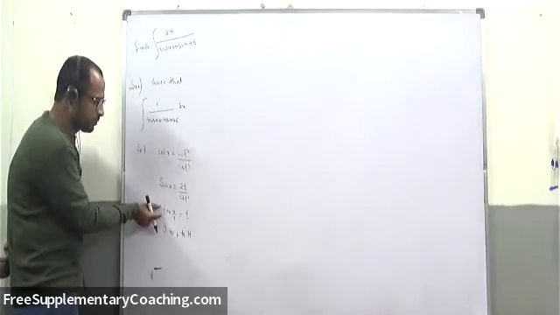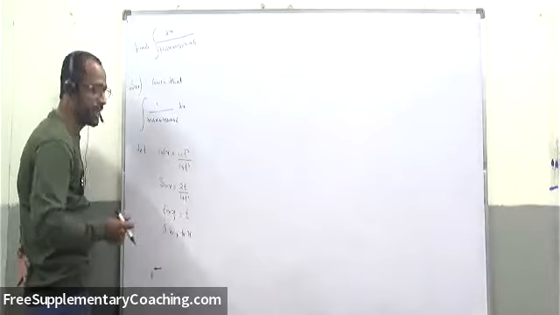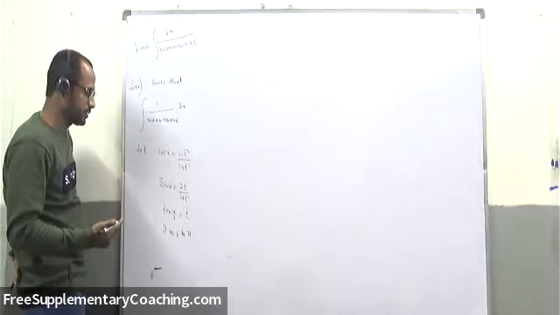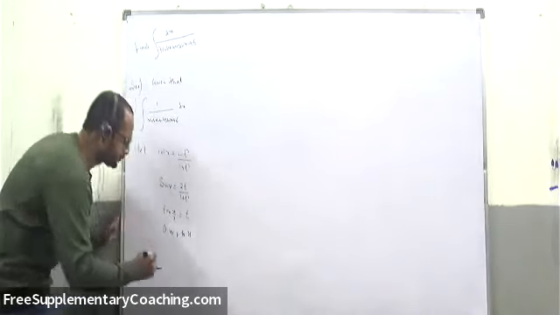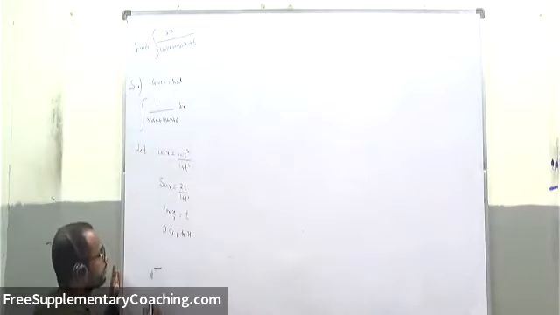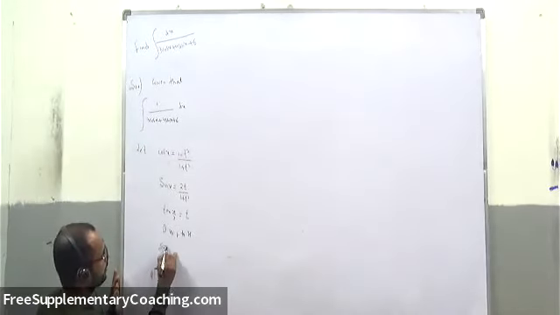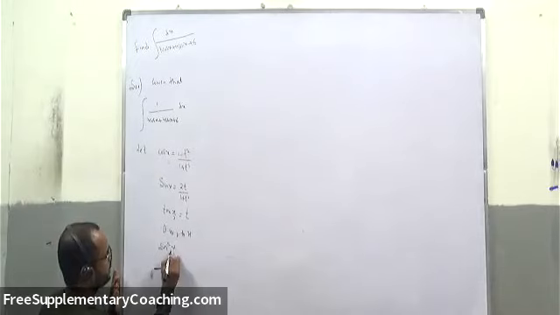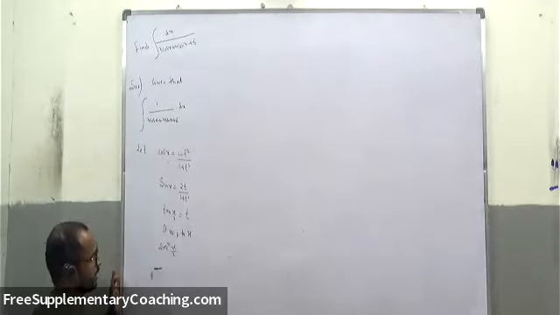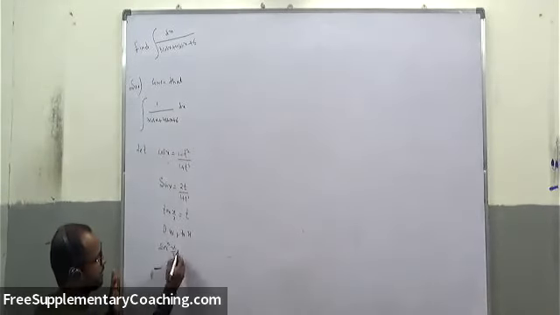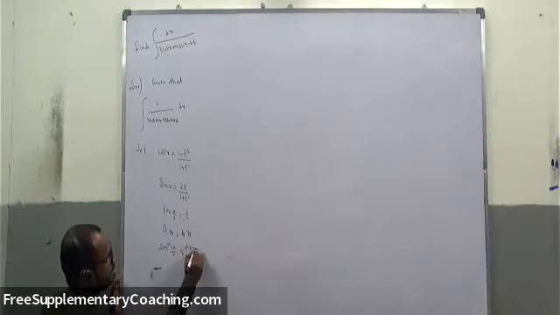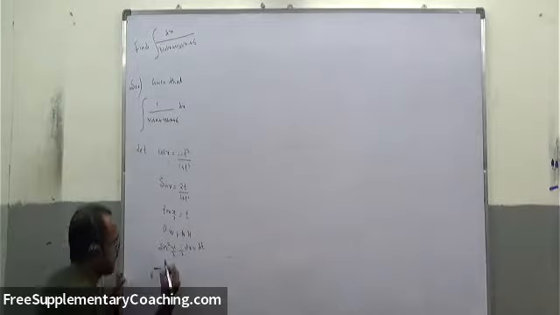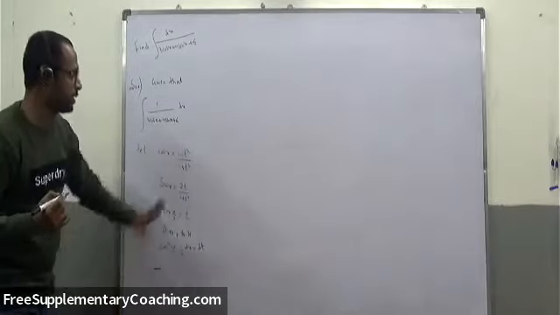This particular term, we have to differentiate with respect to x. d by dx of tan x is secant square x. So that is secant square x by 2 into the inner derivative of x by 2, which is 1 by 2, into dx is equal to dt.